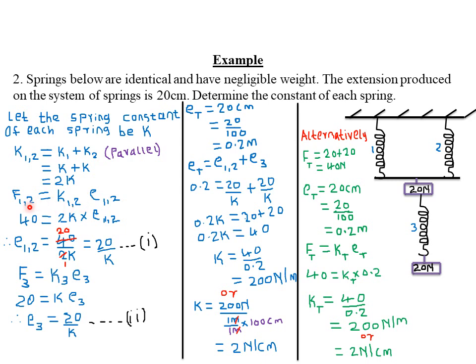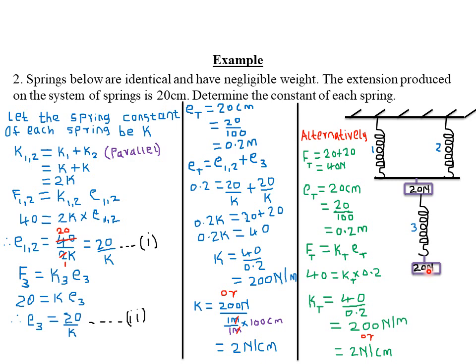So the force exerted or acting on spring 1 and 2. Now observe here keenly, the extension of springs 1 and 2 is due to the 20 Newton force or weight and the other 20 Newton weight.